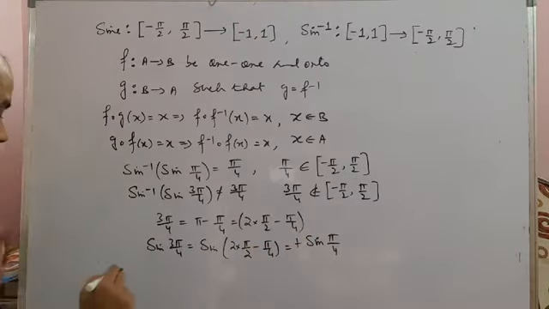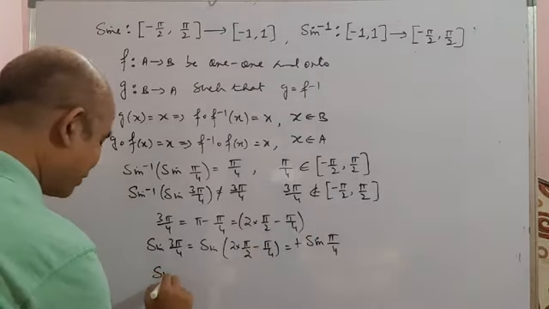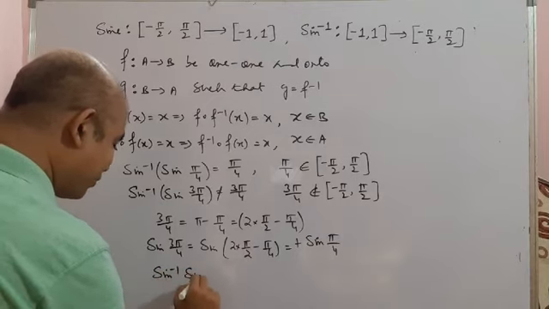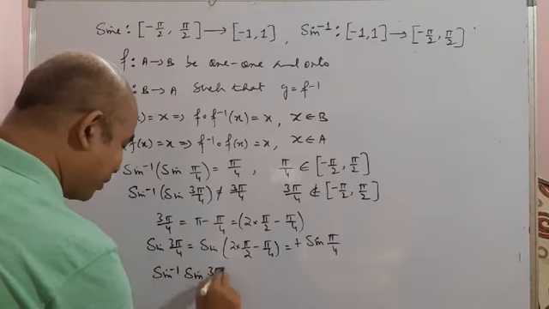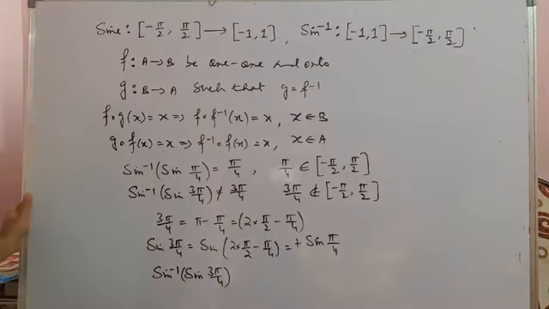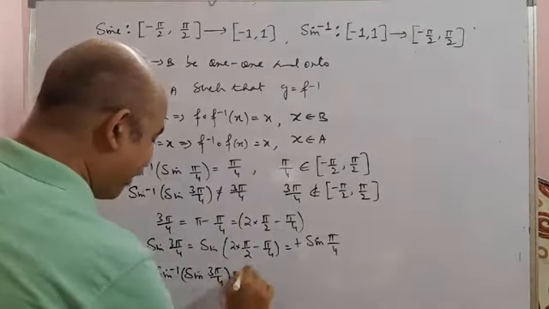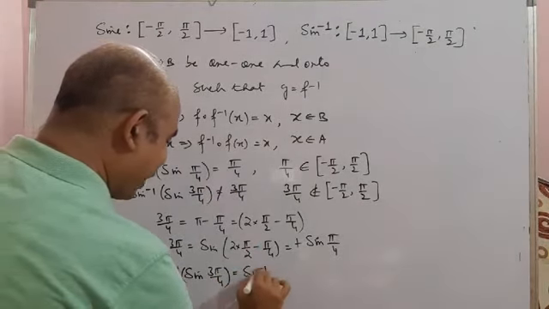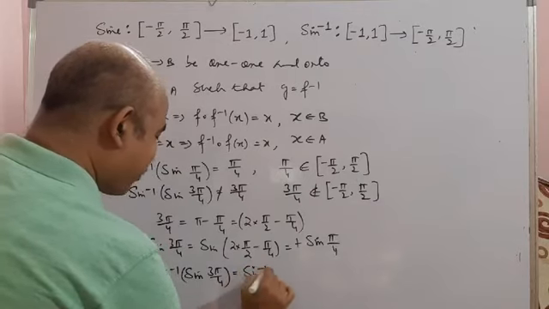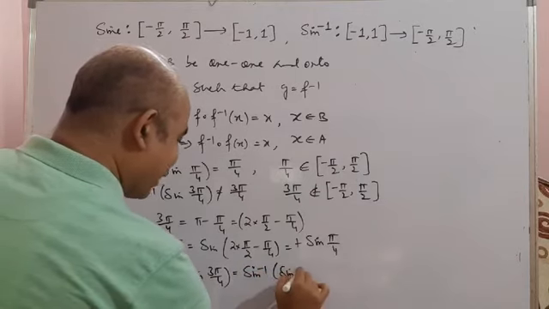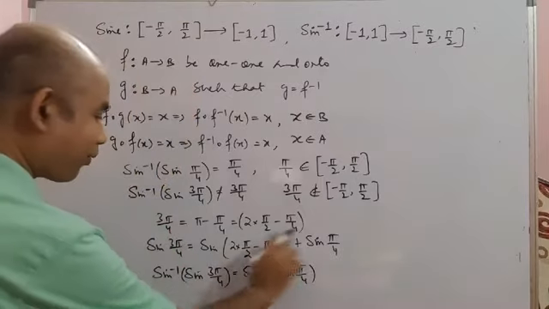So that's why when I write sin⁻¹(sin(3π/4)), I cannot directly write the answer as 3π/4 because of this condition, but I can write sin(3π/4) as sin(π/4) following this condition.